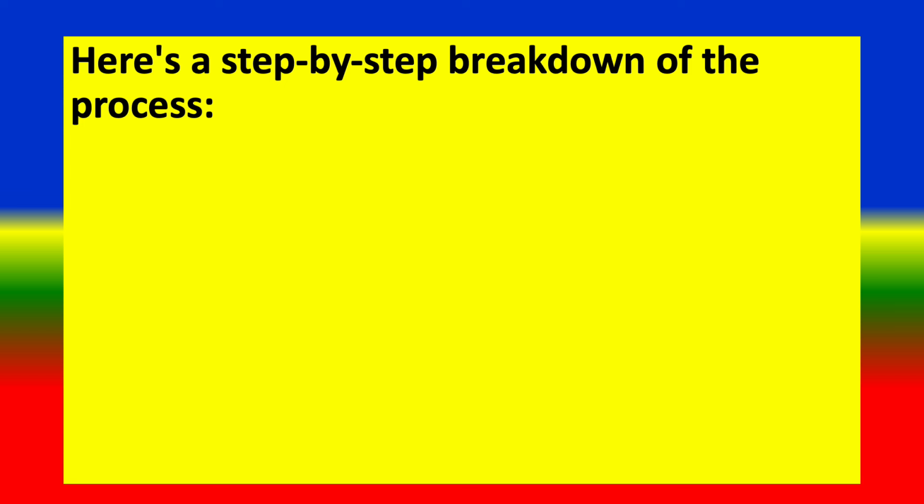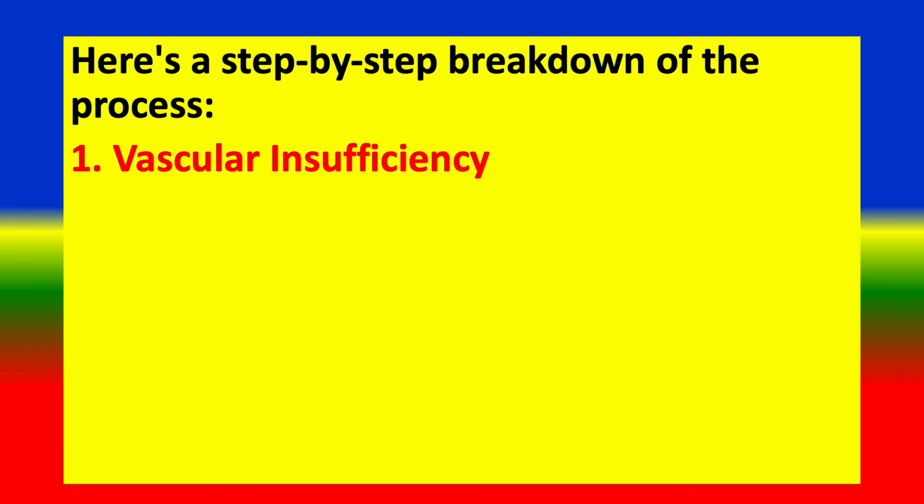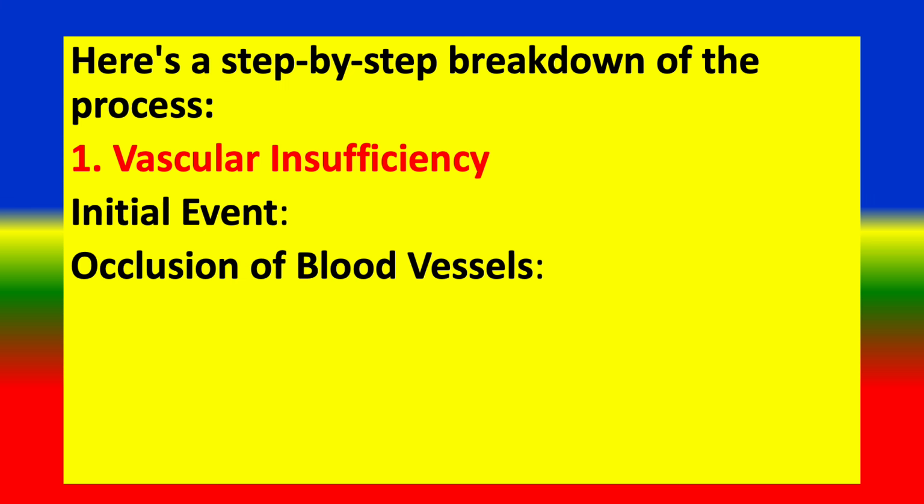Here's a step-by-step breakdown of the pathophysiology. 1. Vascular insufficiency. Initial events and occlusion of blood vessels. 2.